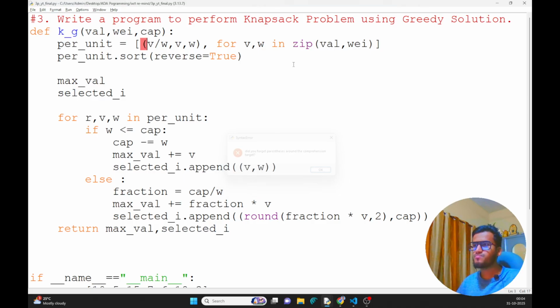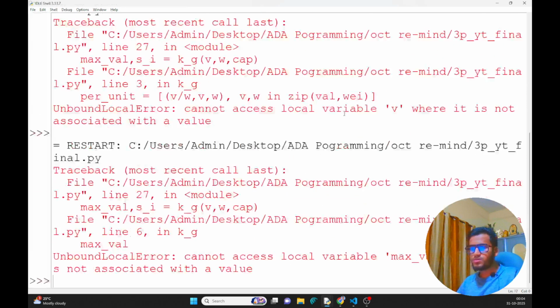V, W, and when we write this for, after that for we should not have anything else. Got it? So okay, now we get the next error.